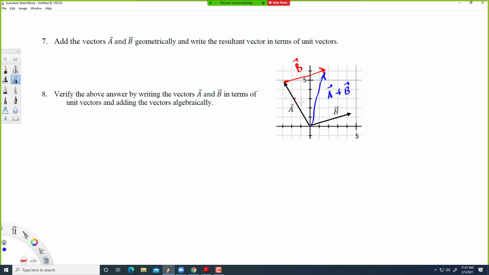Now you need to figure out the x and y component of this resultant vector. Let's call this R. So find Rx and Ry.